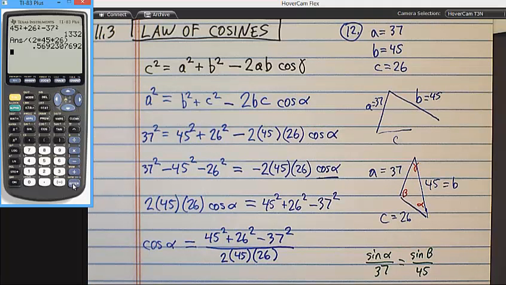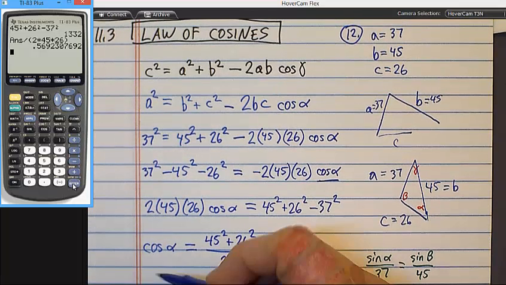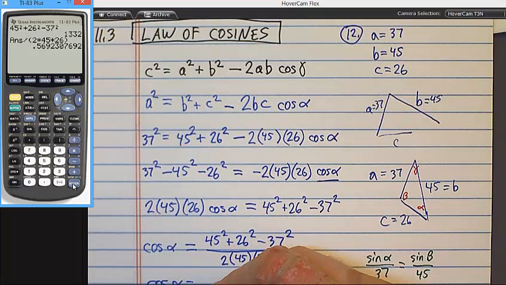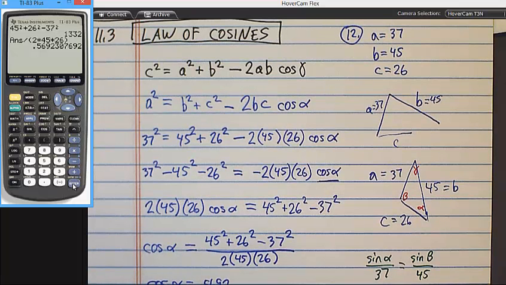Right? Now, am I in degree mode? Yes. I should make sure of that, because now, in order to figure out what alpha is, I know that the cosine of alpha is equal to 0.5692. So alpha, let's see if we can get it. What does alpha equal?